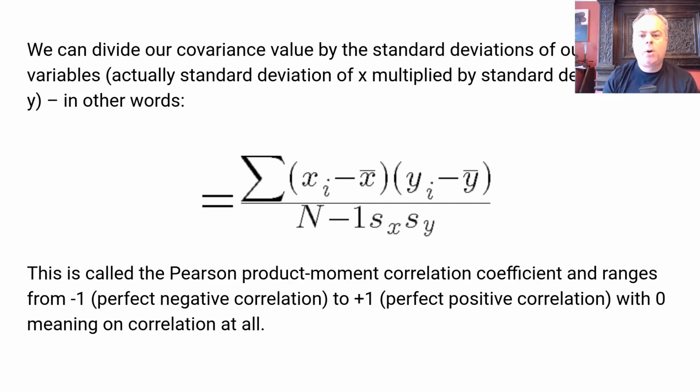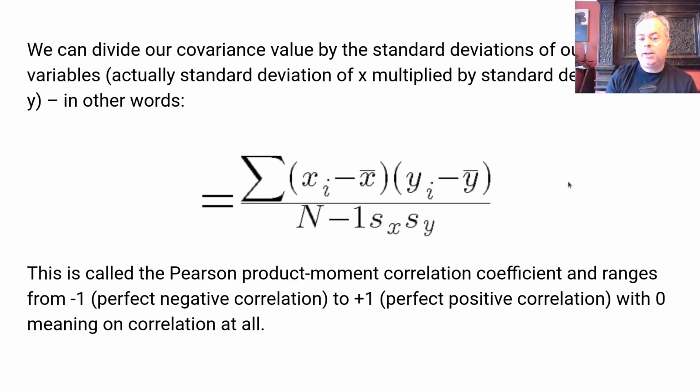So if we go back to our equation, we're basically going to put down here on the denominator, the bit below the horizontal line, the standard deviation of our first variable and the standard deviation of our second variable, multiply them together and multiply them by n minus 1. So we can divide our covariance value by the standard deviations of our two variables and write it in this equation here.